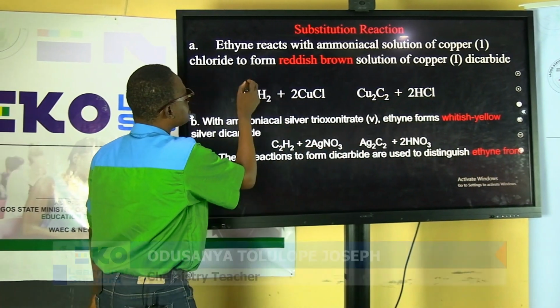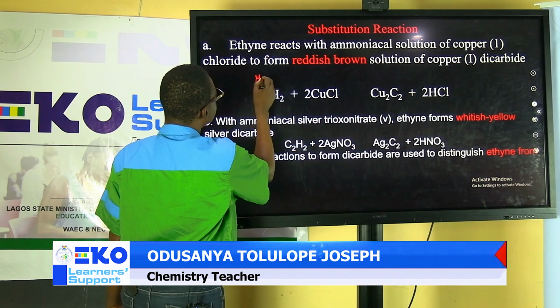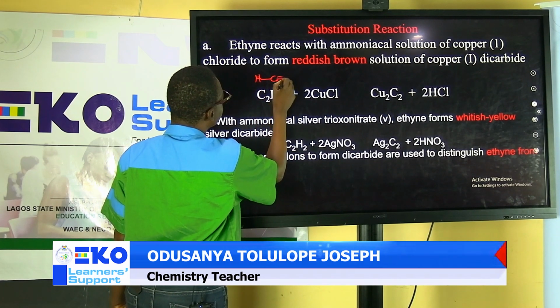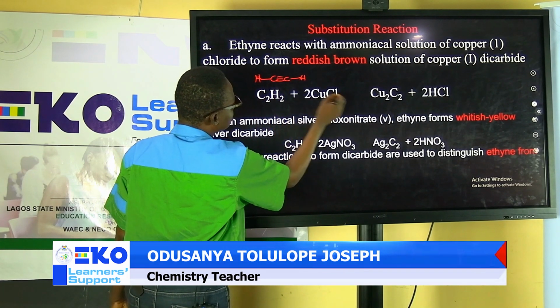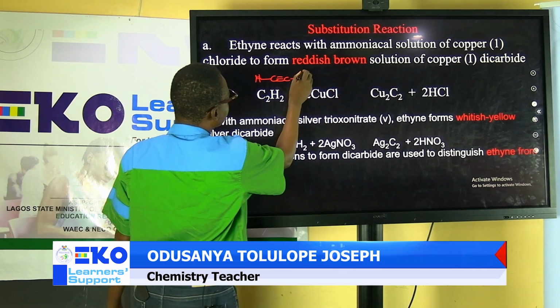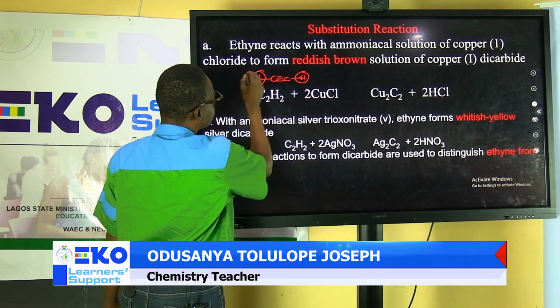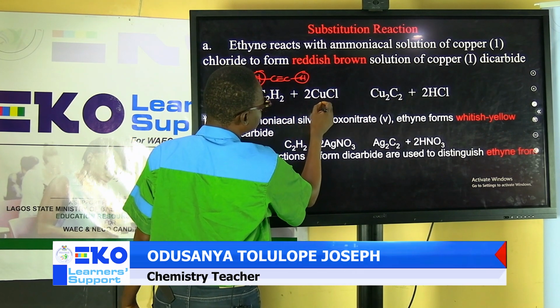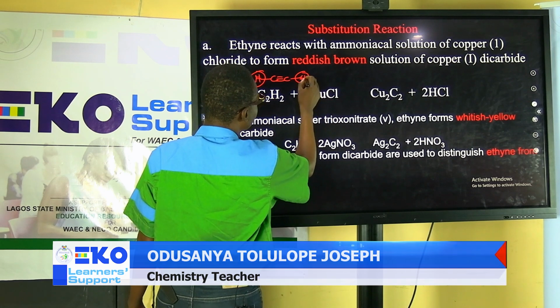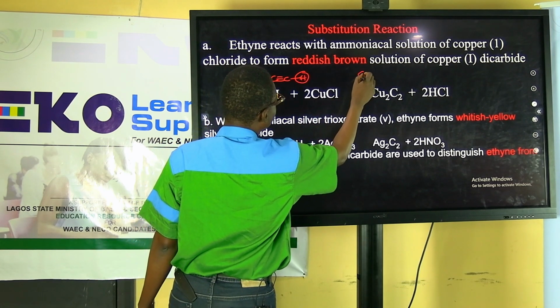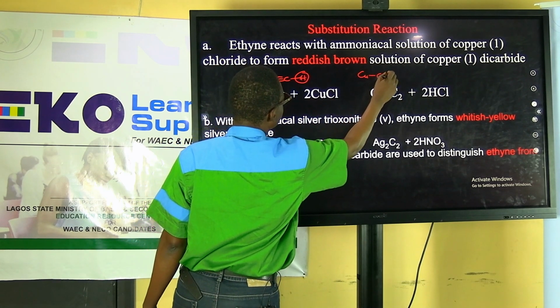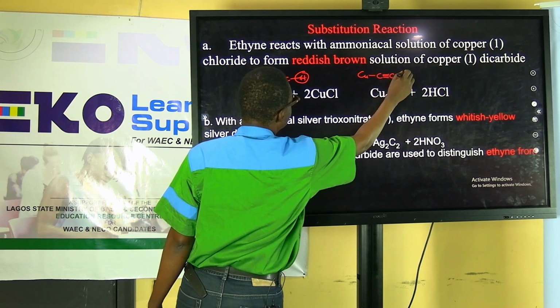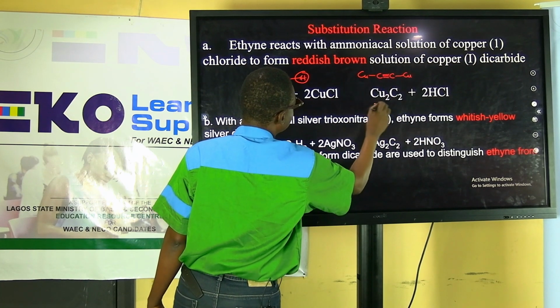When you look at this, you have H, C triple bond H. Then this will be replaced and this will be replaced by copper. So one copper is coming here to give copper, C triple bond, copper. And that's what you have here.